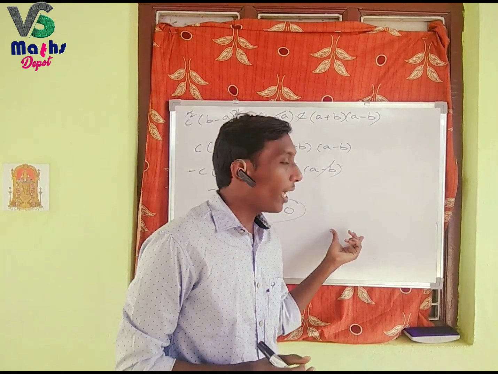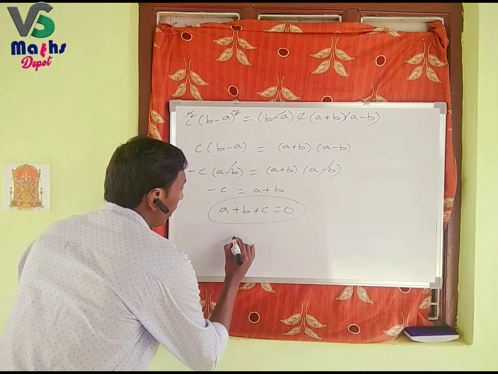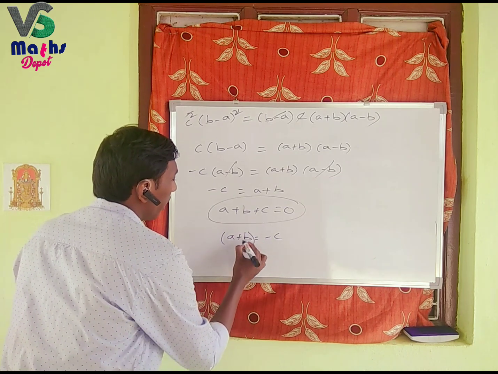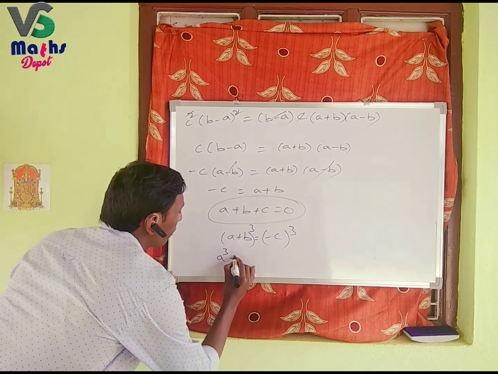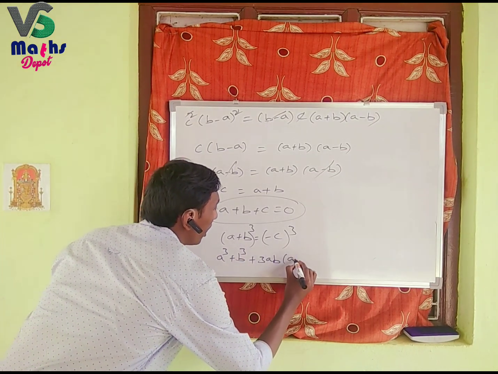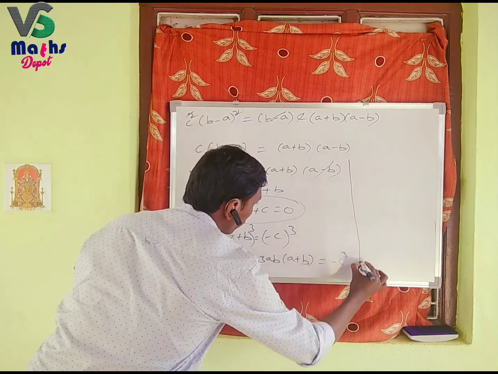Suppose they give one or more options, then we have to do this. Suppose a + b = -c, then cubing on both sides, we get a³ + b³ + 3ab(a + b) = -c³.